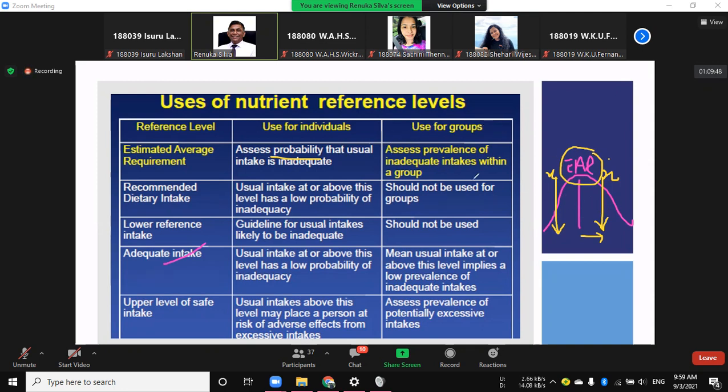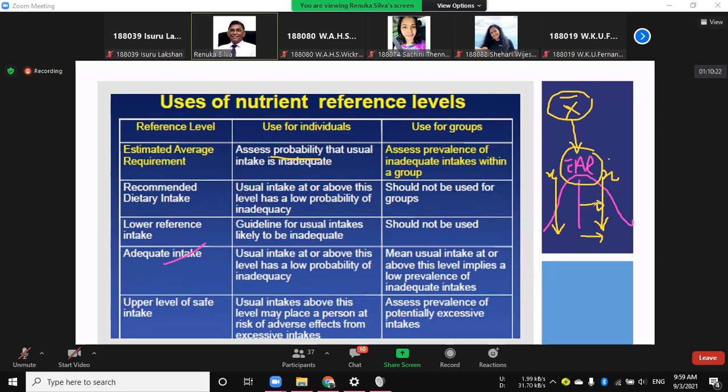For groups, I get your class mean value for a particular nutrient. Then I should compare this mean value with this EAR. EAR is also the mean value of the population, and this is your population, and I should compare with this value and then interpret in the same way.